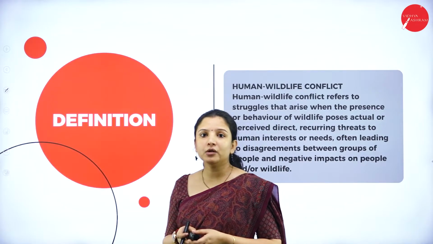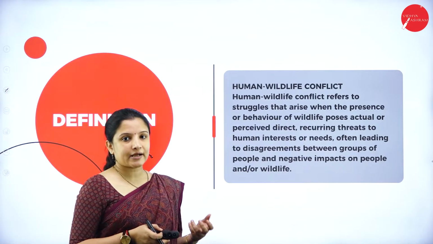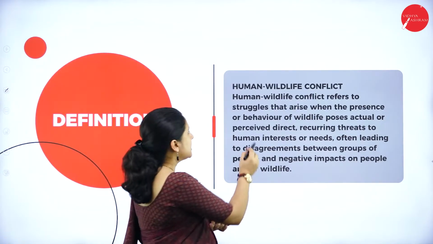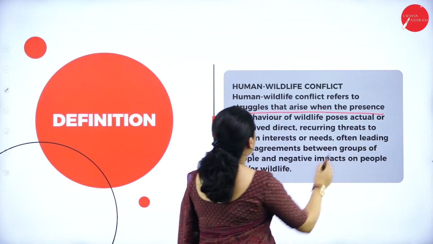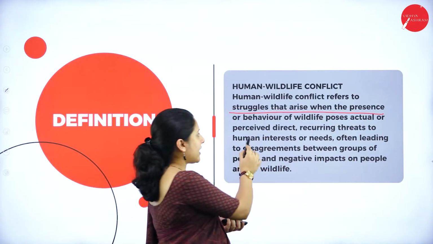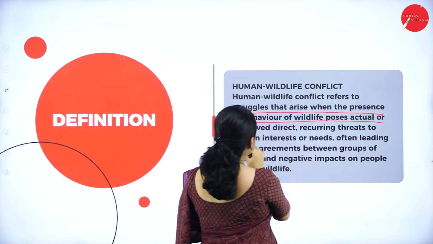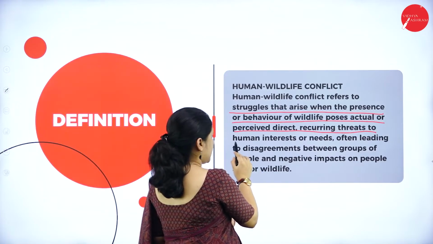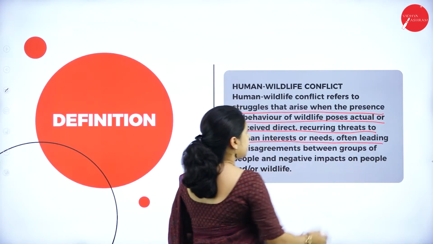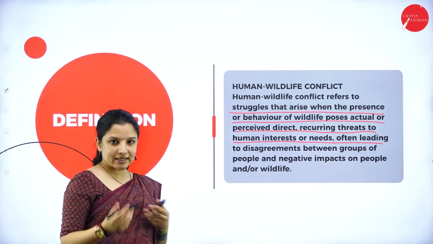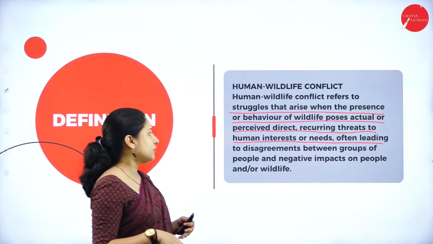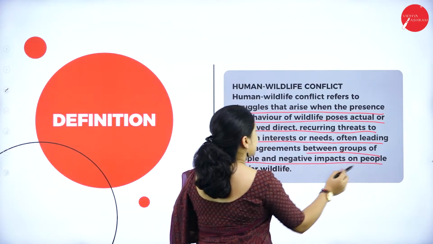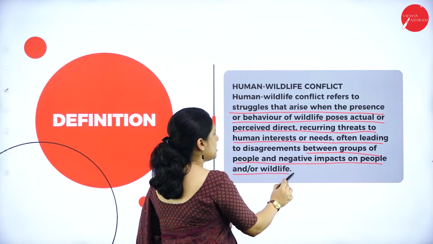So talking about human-wildlife conflict, what exactly is human-wildlife conflict? Human-wildlife conflict refers to struggles that arise when the presence or behavior of wildlife poses actual or perceived direct, recurring threats to the human population or needs of human beings, often leading to disagreement between groups of people, and therefore causing a negative impact on the people or on the wildlife.